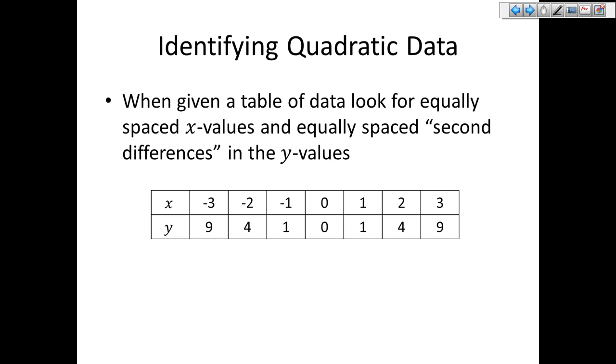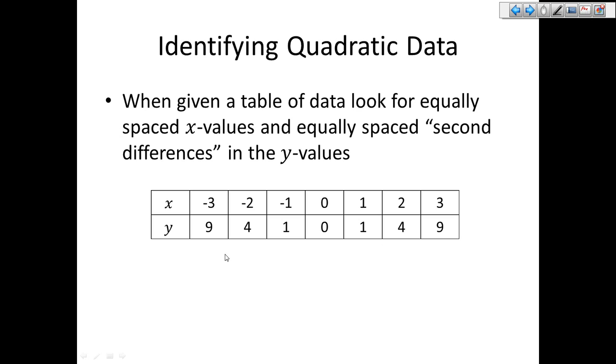Now, identifying quadratic data, that is, they give us a table of data and they want to know, is it quadratic? Well, first of all, we want to look for equally spaced x values. So if you'll notice, as we move through this table, these x values all go up by 1. That's great.